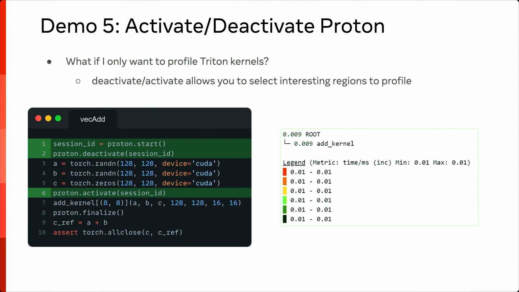Then immediately, we are going to deactivate this profiling session so that we can skip profiling the PyTorch kernels. After that, right before the invocation of the Triton add kernel, we're going to reactivate the profiling again using proton.activate, with the argument being the session ID we just obtained. Then on the terminal, using the same proton-viewer command, what we can see is a clearer view, which only includes the add kernel.